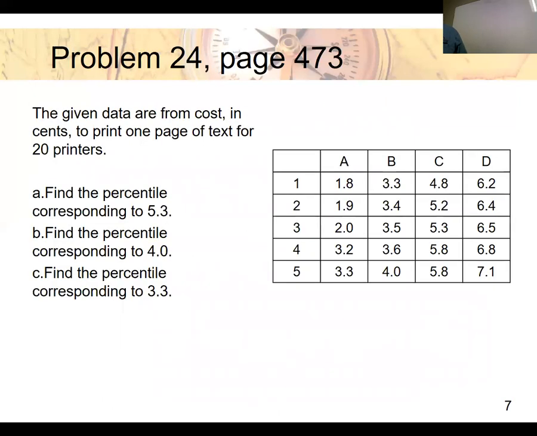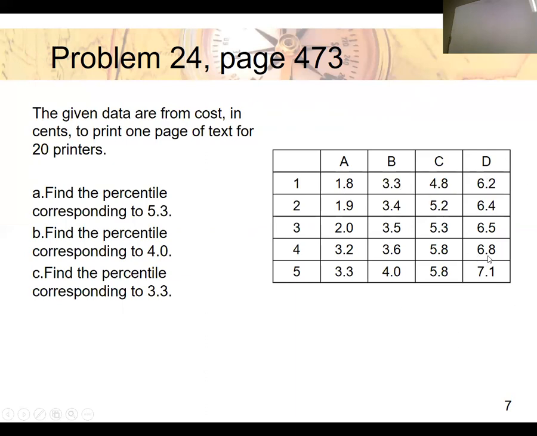Okay. All right, now let's take a look at problem number 24. This is in the textbook, where the given data are the cost in cents to print 1 page of text for 20 printers. These are the numbers here.